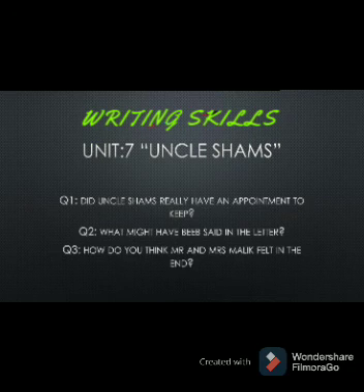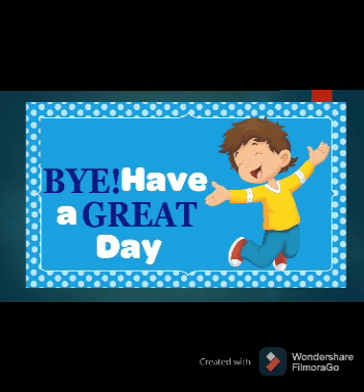The second one is, what might have been said in the letter? And the third one is, how do you think Mr. and Mrs. Malik felt in the end? These are the questions which you have to answer by yourself, and all answers were discussed in the summary.